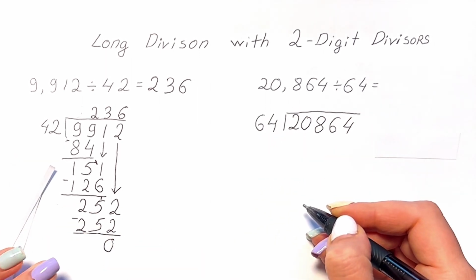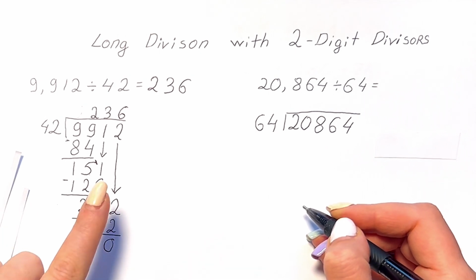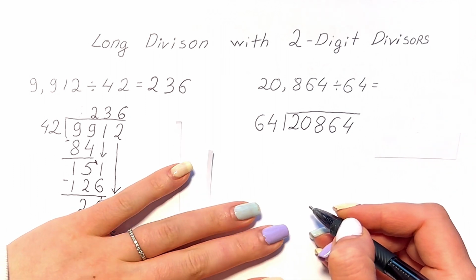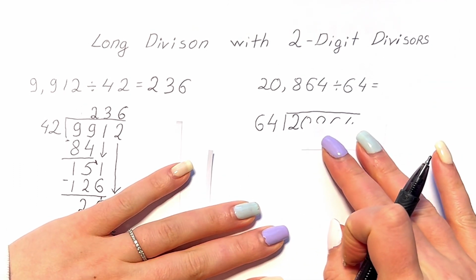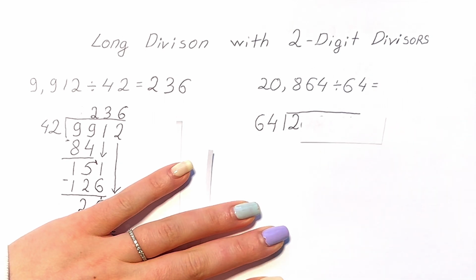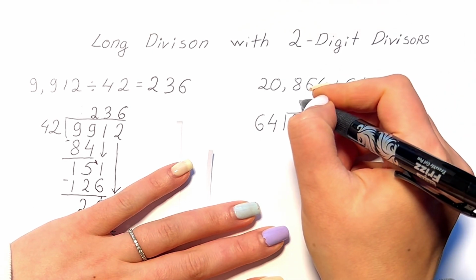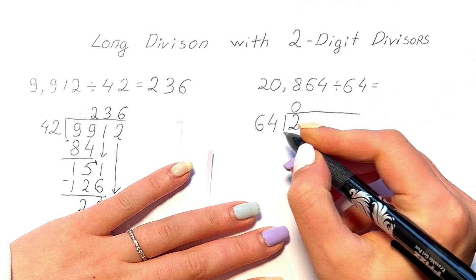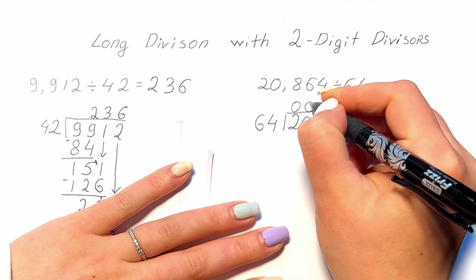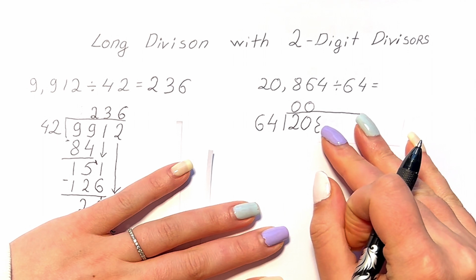Again, the same way we did this division. I'm gonna divide digit by digit. Okay, so 64 goes into 2 how many times? 0. 64 goes into 20, again 0 times. I'm gonna bring down another digit.